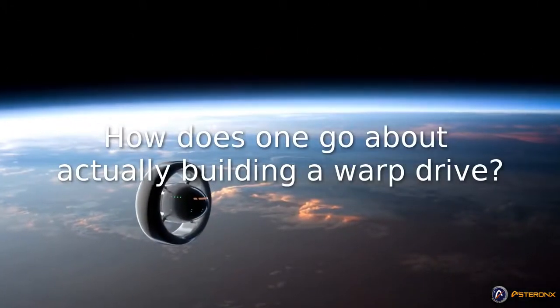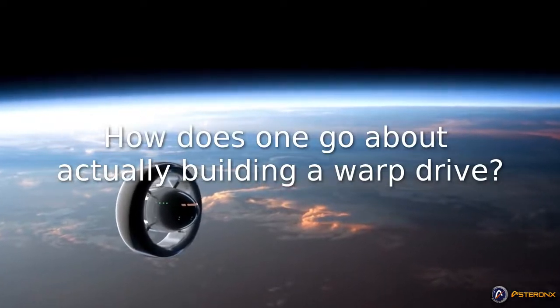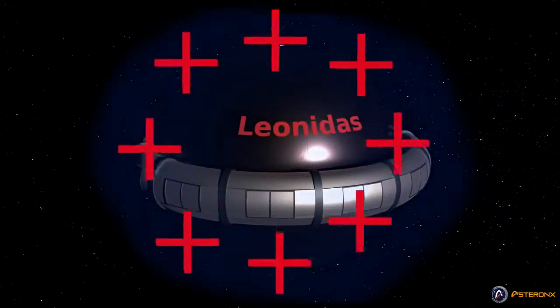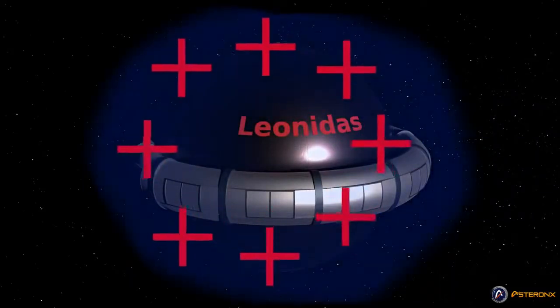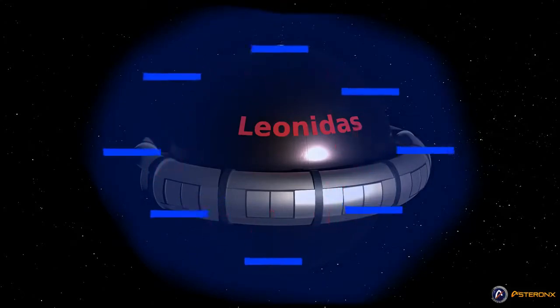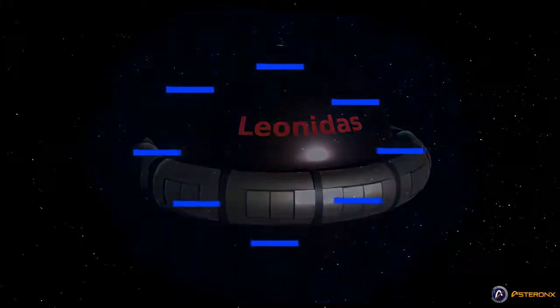So, the big question is then, how does one go about actually building a warp drive? According to White, if a normal positive energy field is spread out over a large enough volume, the energy of that field becomes negative, producing a repulsive gravitational field in consequence.